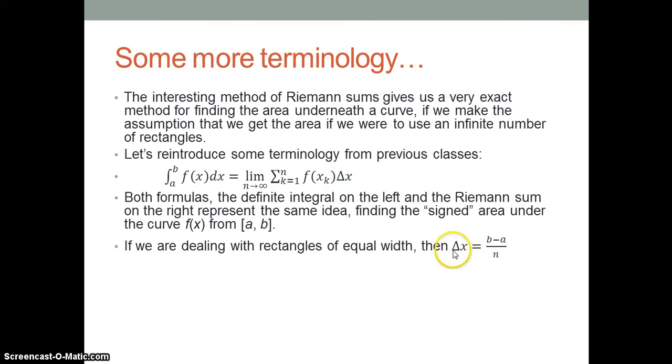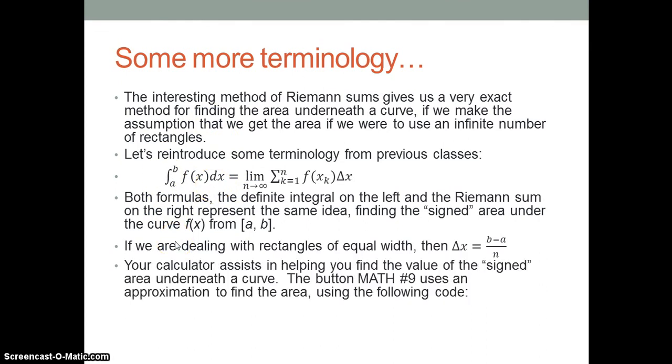And delta x is just the width of the interval, b minus a, over n. That part matches the dx part here, that's our change in x. And of course, the function part matches with the function part here. So this limit right here is the definite integral here. This is just a better format to use.